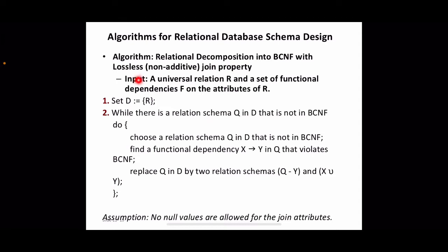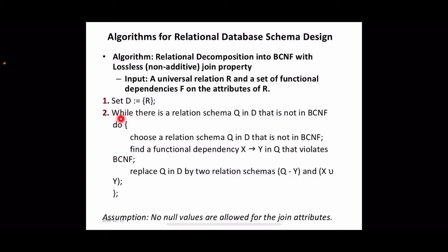Input to this algorithm is also a universal relation R and a set of functional dependencies F on the attributes of R. As an initialization, we assign the original universal relation as the value of the decomposition D. Now we have to change this universal relation using step 2.